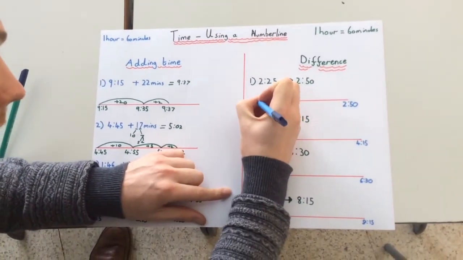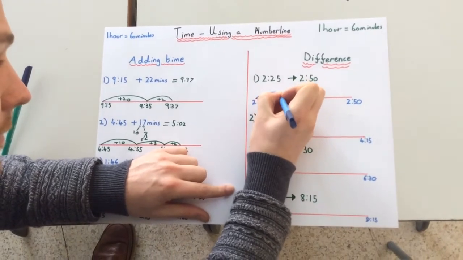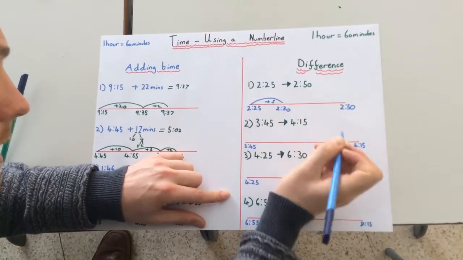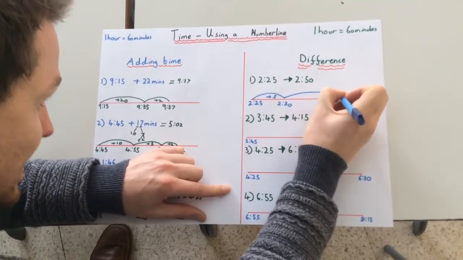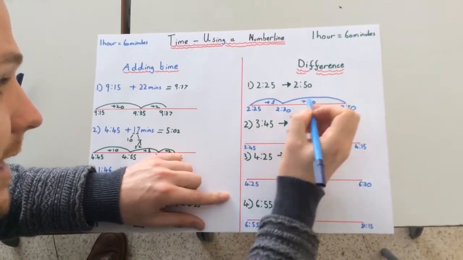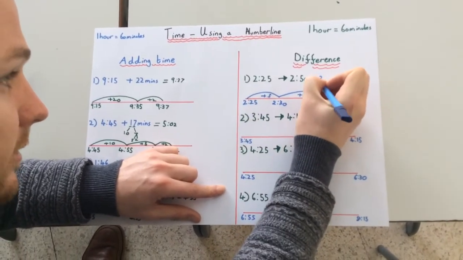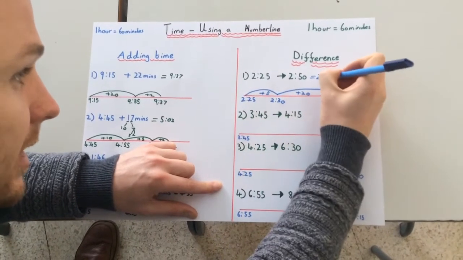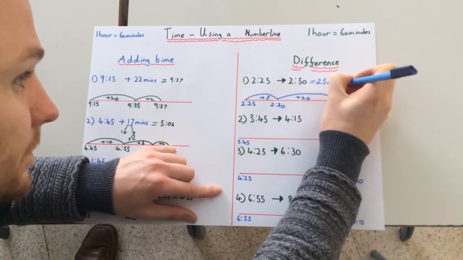First I can jump 5 minutes, and that will get me to 2:30. And now if I jump another 20, I get to 2:50. So if I add them up, we can tell it took 25 minutes, because 20 and 5 minutes.